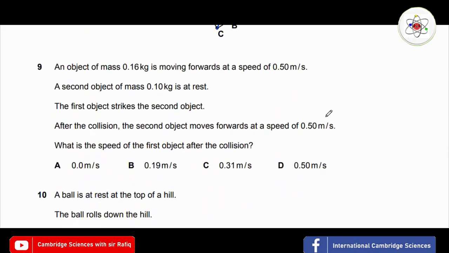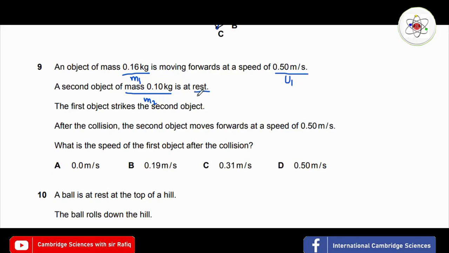An object of mass 0.16 kilogram is moving forward at a speed of 0.5 meter per second. This seems to be the initial speed, so we will assign it u. When we are talking about the second object, the mass of the first object will be m1 and its initial velocity will be u1. The mass of the second object is 0.10, so it is m2, and it is at rest.